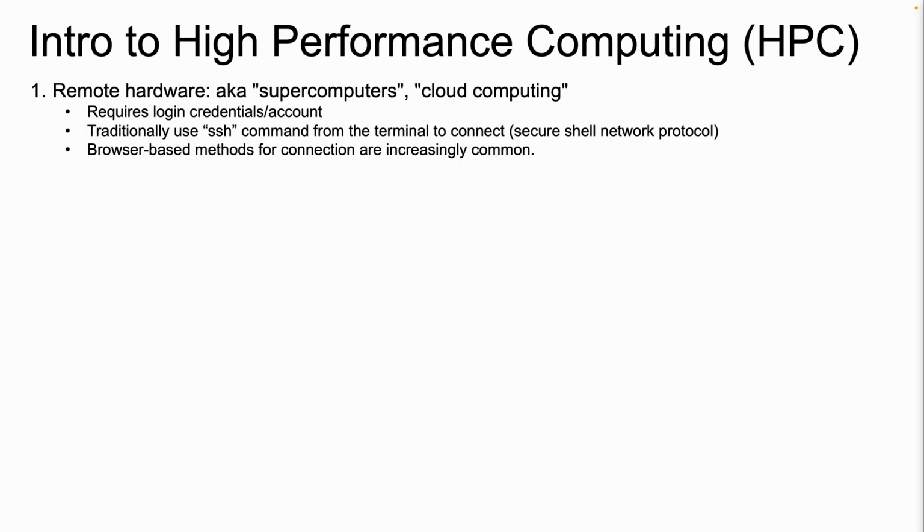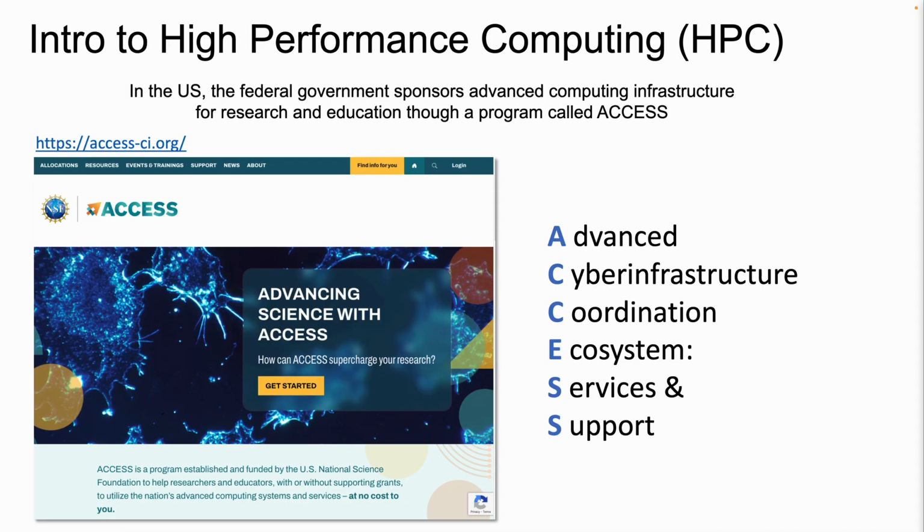I don't know why you would want to, and I'll show you how you still use the command line through the browser, but these browser-based methods are just so nice. For anybody who's suffered through command line SSH, yeah, it's super nice.